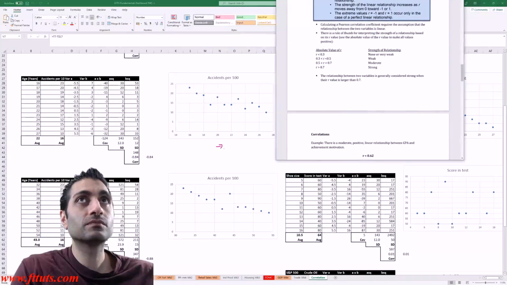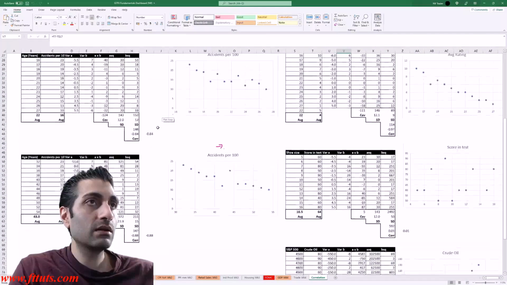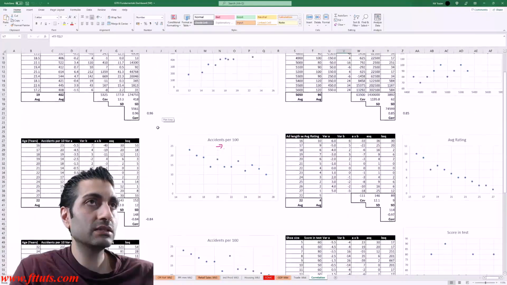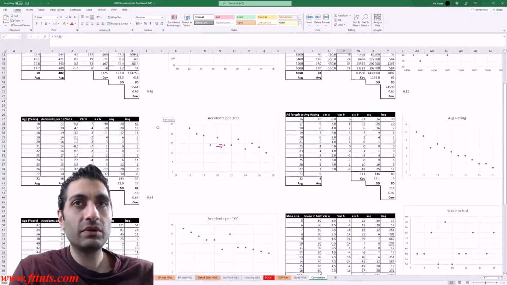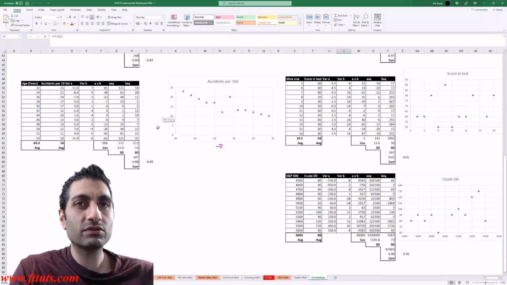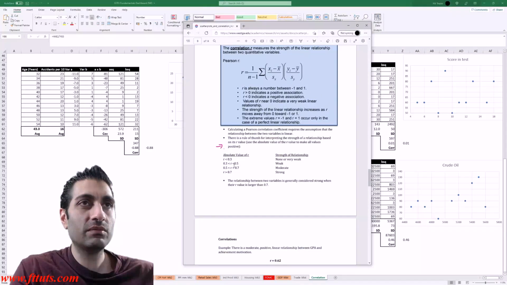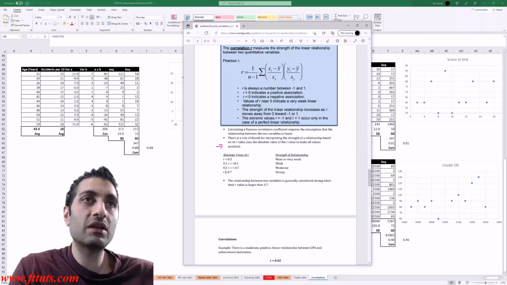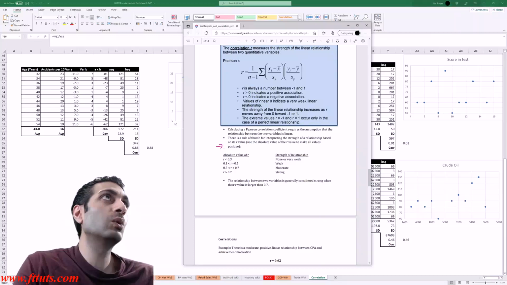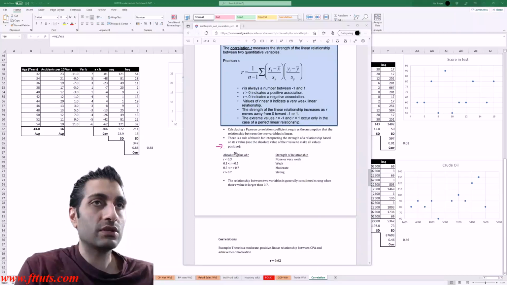I think we had... No, we didn't do any between 0.3 and 0.5. Yeah, we did. You see this? So that's a relatively weak relationship. 0.3 to 0.5. 0.5 to 0.7 is moderate, and then above 0.7, or below minus 0.7, I should say.